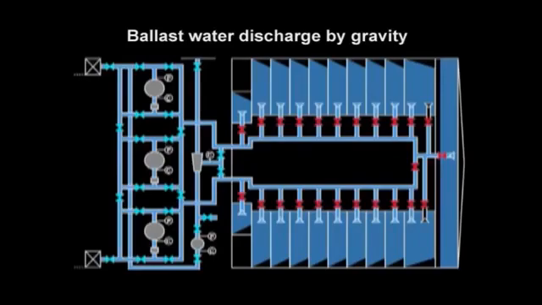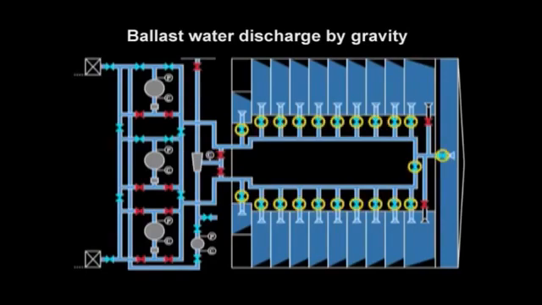Next, let's see the steps for ballast water discharge by gravity. Operate valves to put the line up in the proper order, bypassing the ballast pump. Ballast water discharge by gravity begins as the tank's valves are opened.